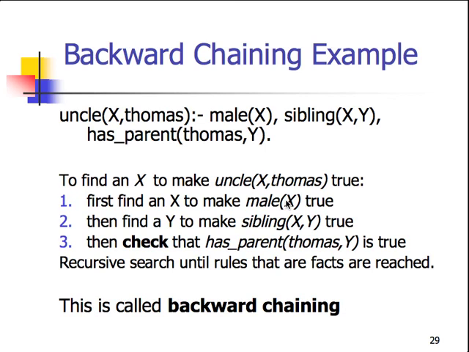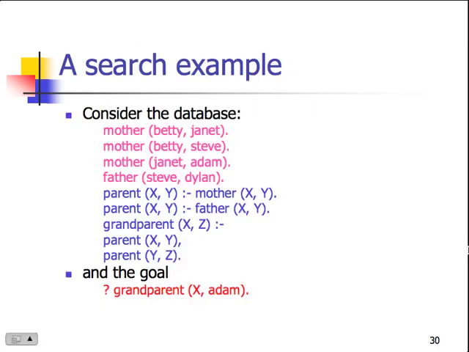Then it's going to find the Y with sibling(X, Y) to make it true. So it purely substitutes the fact into another rule to see what else it needs to put in. Then it checks that has_parents(Thomas, Y) is true. If it doesn't, it recursively searches until the rules and effects are all reached and everything is resolved, and then it comes back with an answer, which is what's referred to as backward chaining.